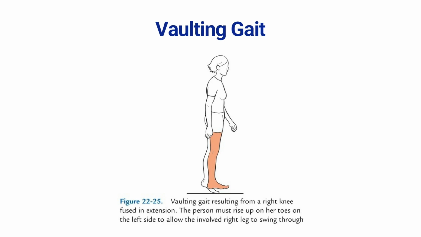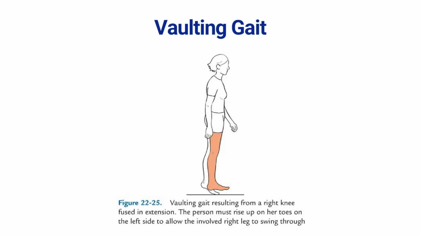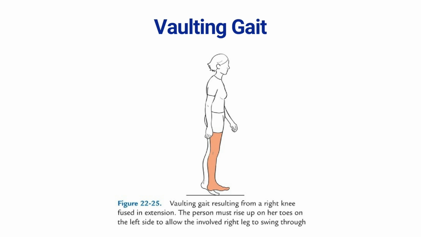For orthotic practice, vaulting gait is also one of the important signs that you must see, and you must know that this is an indication of inadequate dorsiflexion assistance. The orthotic that you prescribe must aim to improve swing phase clearance, by providing an AFO to assist dorsiflexion, or by adjusting orthotic alignment to allow smoother limb advancement.